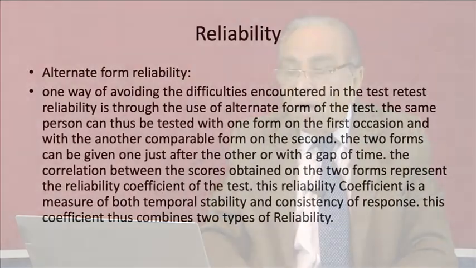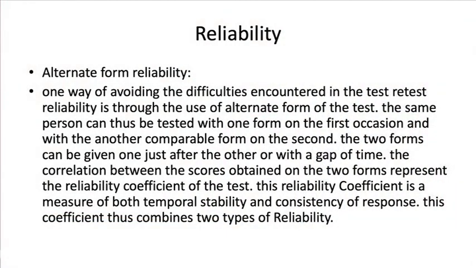After 2 months, the growth rate will be accelerated, and that growth may also affect the improvement of the scores. So, in small kids, it should be short, and in the case of elders, it should neither be too short nor too long. Now, we come to the second type of reliability, and that is alternate form reliability.